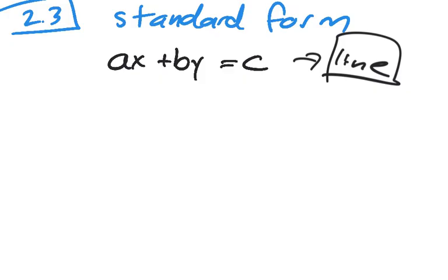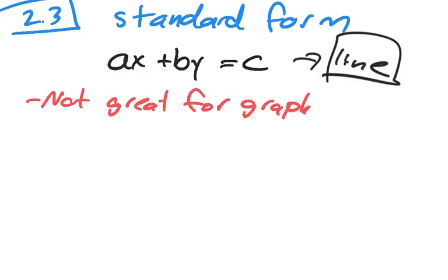This is just some arbitrary A, B, and C. You know what arbitrary means? Just these A's, B's, and C's don't really mean anything. Okay? They could just be any value. Standard form is not great for graphing. Right? I'm not going to put something in standard form if I want to graph it, or if I look at a graph, it's not easy to give the standard form.